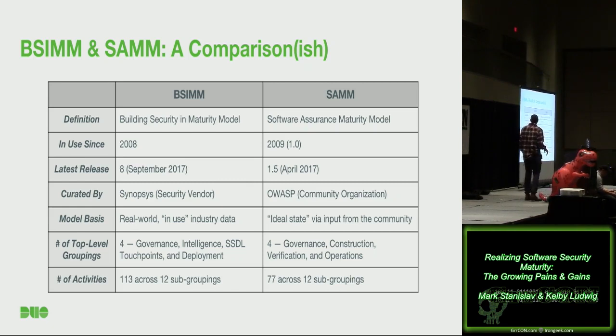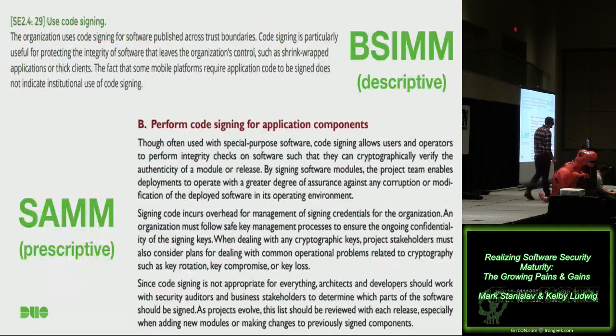But the key difference between these two models is that BSIMM is a real-world data set and SAMM is an ideal state data set. Alternatively, we could say that BSIMM is descriptive and SAMM is prescriptive. In a specific example from each of these two maturity models, something like code signing in BSIMM would be describing in general what their data set, which is about 109 organizations, are doing for code signing.